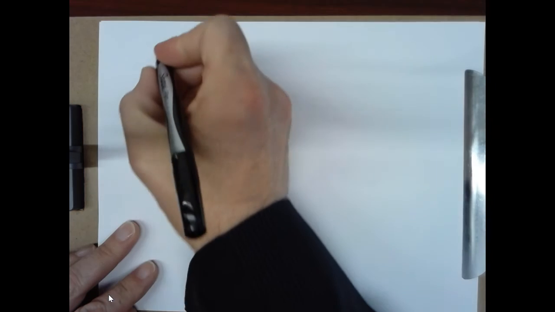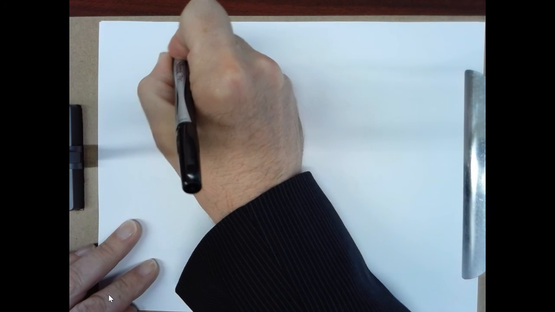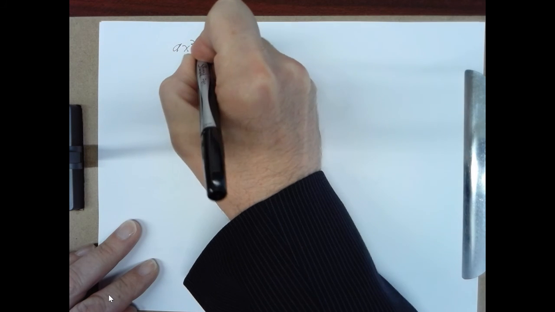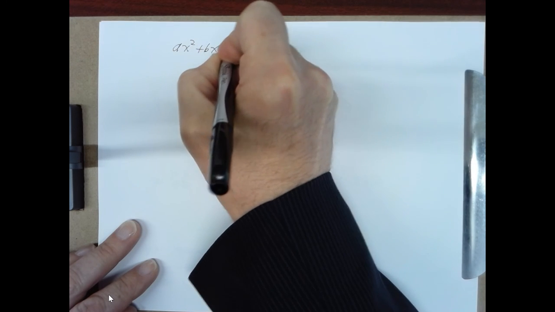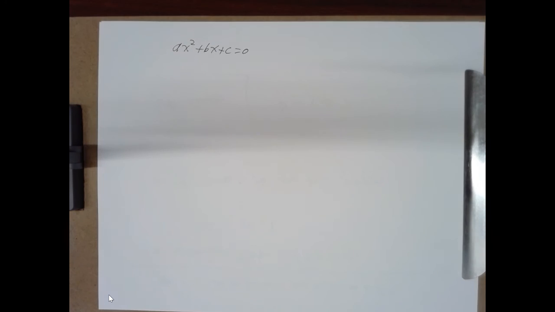To me, this is one of the really kind of mysterious aspects of mathematics. But let me give you an example. I may have talked about this before, but I never get tired of talking about it. So there's a quadratic equation, order 2 polynomial in x.